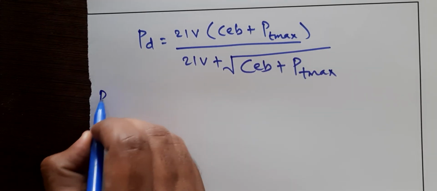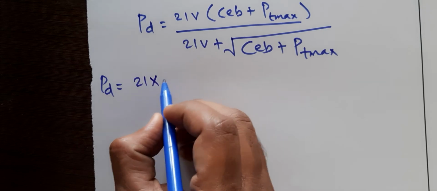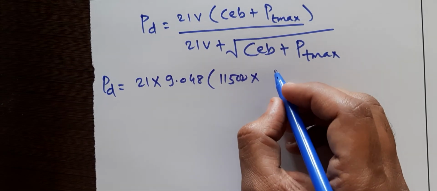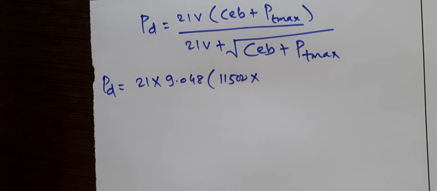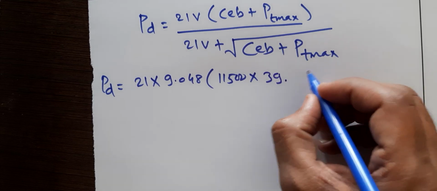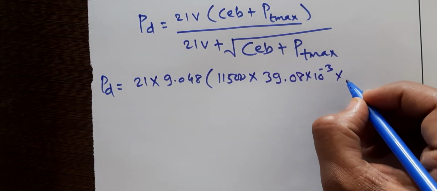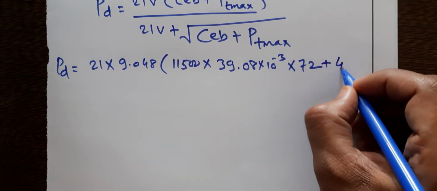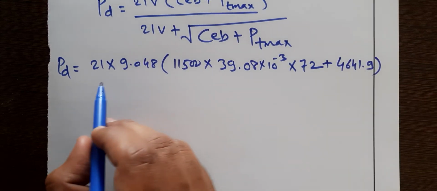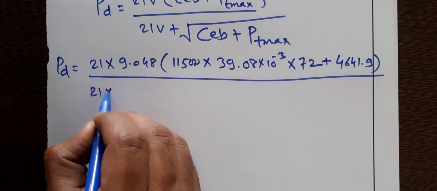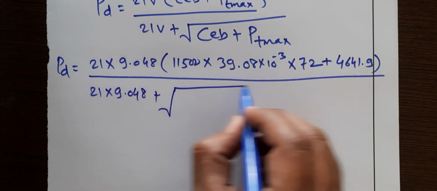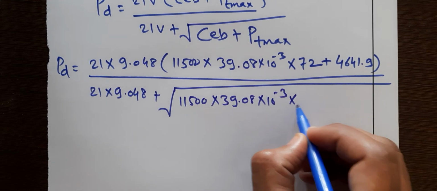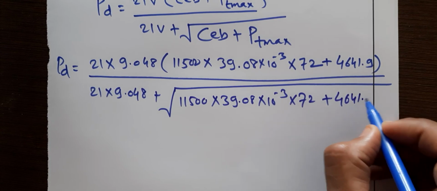Now all these values we have to substitute. 21 is 21, V is 9.048, C is 11,500, small e we just calculated as 39.08 into 10 raised to minus 3, B is 72, plus PT max, which we just calculated as 4641.9. Bracket close, divided by 21 into 9.048 plus under root CEB, with C as 11500, e as 39.08 into 10 raised to minus 3, B as 72, plus PT max 4641.9.